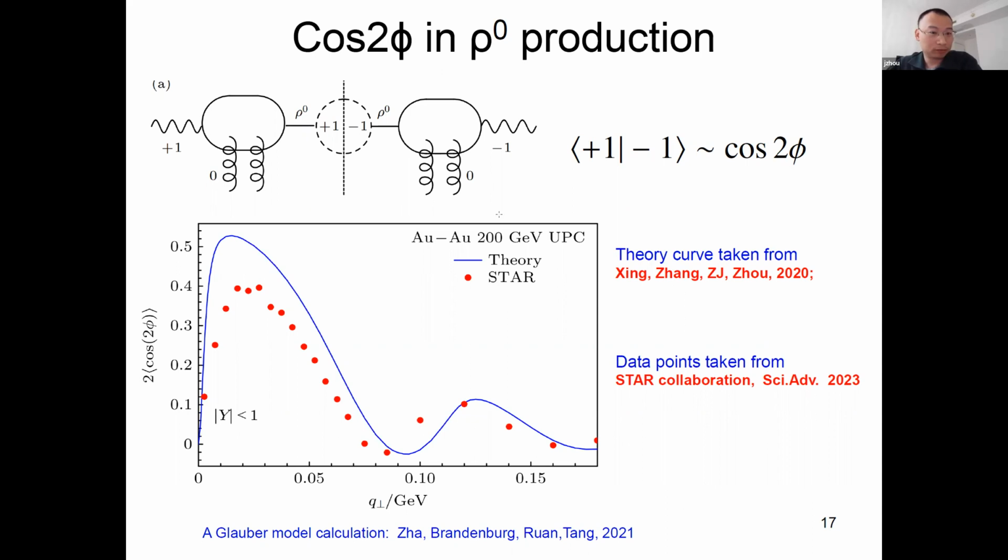Anyway, from this analysis, one can see the linear polarization of the coherent photon is a necessary condition to yield a non-vanishing cosine 2 phi asymmetry. The magnitude of the asymmetry is displayed as a function of q perp, the rho zero transverse momentum, in this plot.